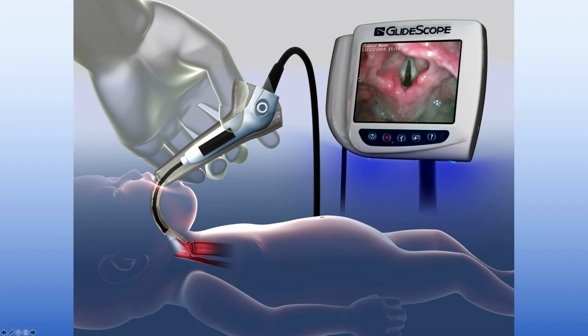We can go down and get this view, see what we need to see, and then we put a breathing tube in next to this scope. We manipulate the breathing tube through the vocal cords by just watching this view, sort of blindly with one hand positioning it. We'll see the endotracheal tube come in and we'll position it through the vocal cords. Once we're through, we take everything out and leave the breathing tube in place.